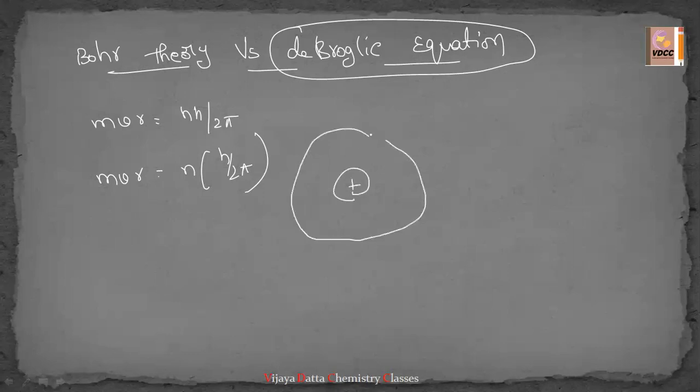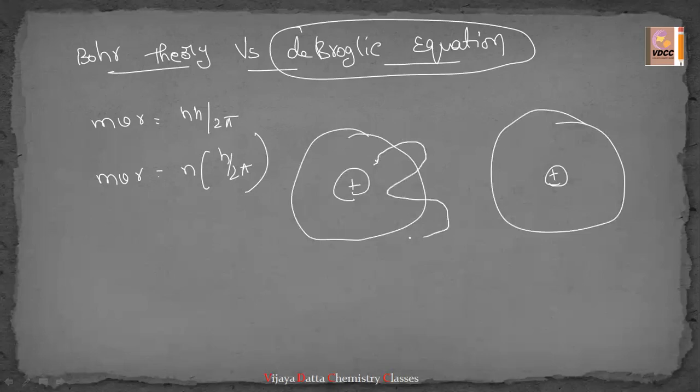The electron revolves around the nucleus in a circular orbit. Suppose the electron starts over here; it moves in wave nature, then it is moving in this direction, and again it is repeating like this.